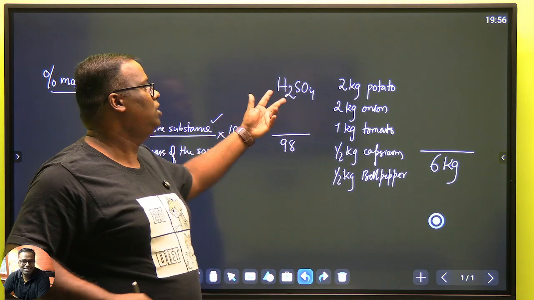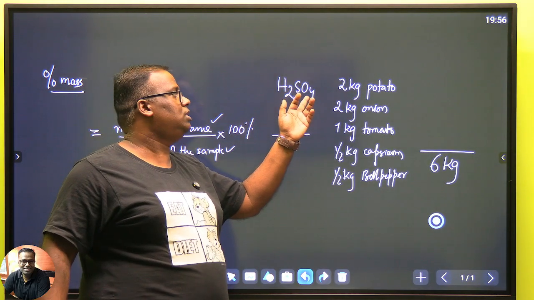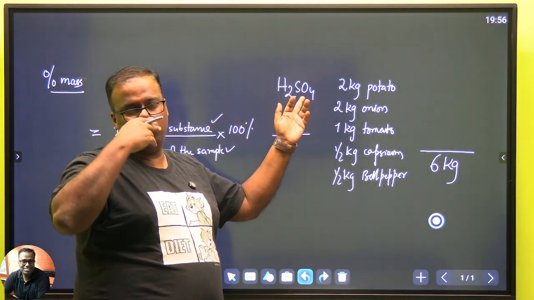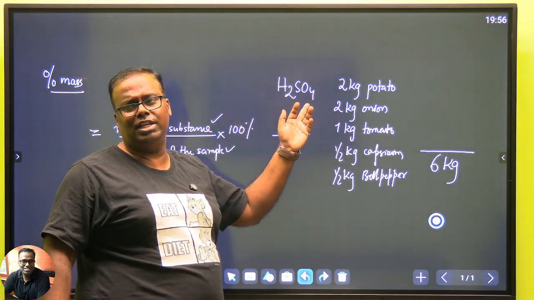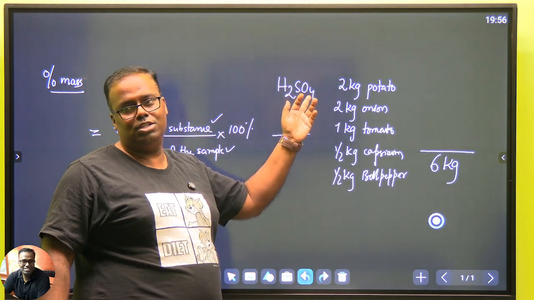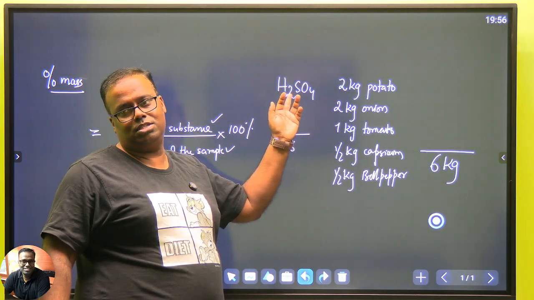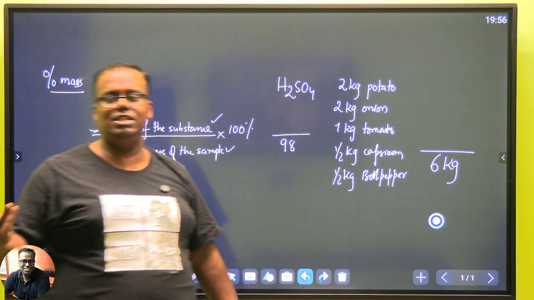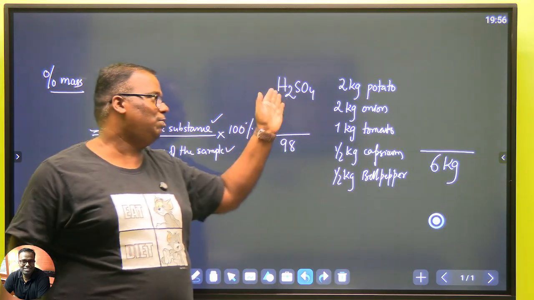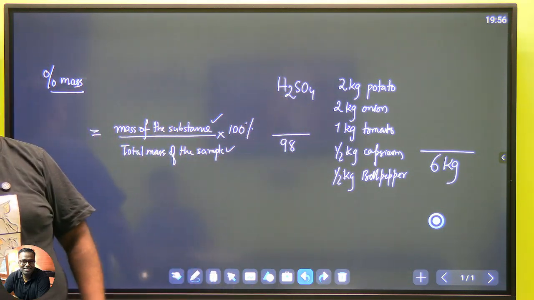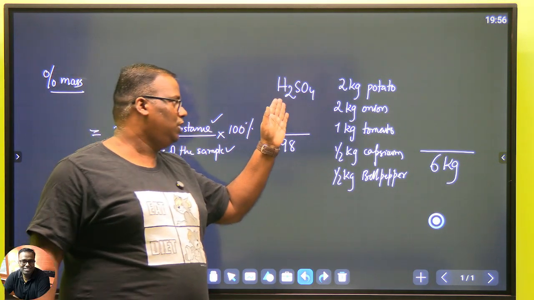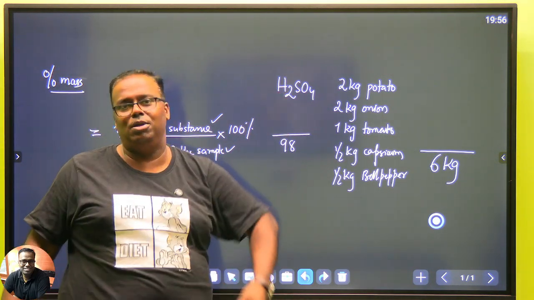Hydrogen is 2, sulfur is 32, oxygen is 64. 16 4 are 64. 64 plus 32 plus 2 is 98. So our friend Ashmita brought sulfuric acid bag में लाया 1 मोल.